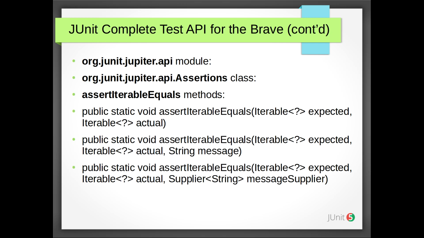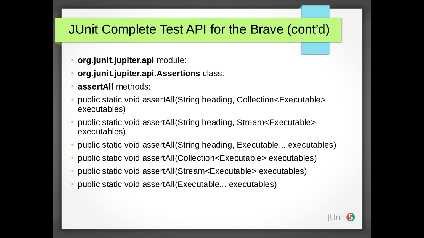Assert iterable equals methods. Let's take 15 seconds for this one. Remember, iterable is a marker interface that you must have in order to use an object in the for each construct in Java, which is relatively new. Alright, assert all methods.